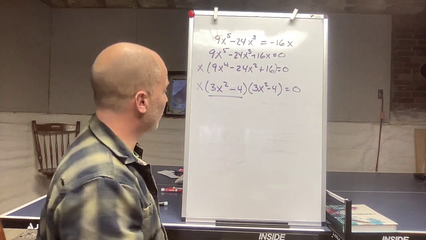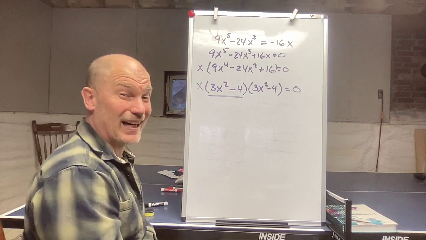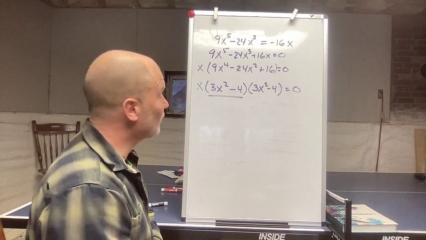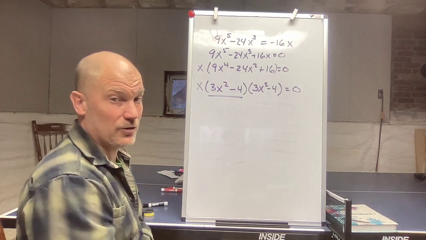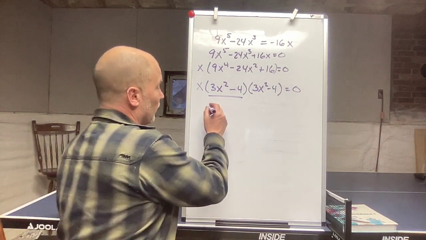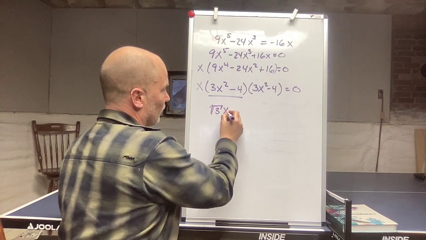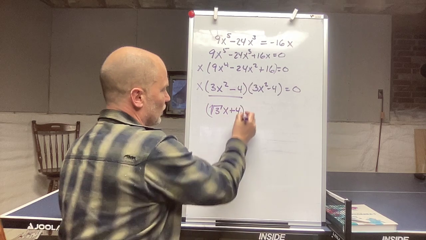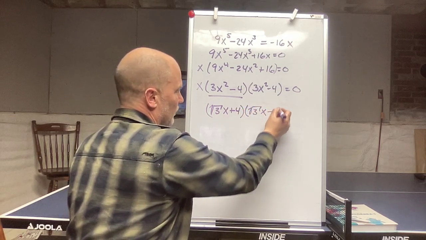I could look at this as a difference of 2 squares. I could solve it directly. There are so many ways to solve this. I am going to look at it as a difference of 2 squares because that's where my brain is. So the factors of this are root 3 x plus 4, root 3 x minus 4.